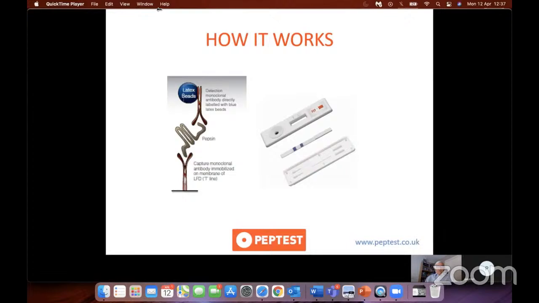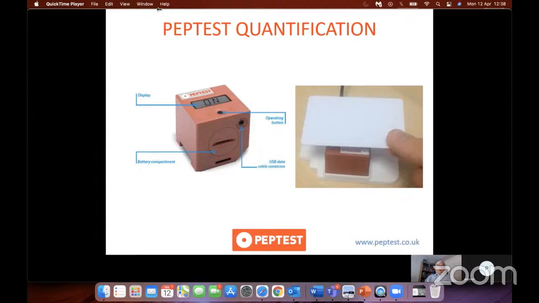And if there's pepsin present in the sample, the T line will light up. There's also a control line which lights up automatically as long as the test has worked. The readers are calibrated and contain a pepsin standard curve, so that we can detect the pepsin in nanograms per mil within the clinical sample.